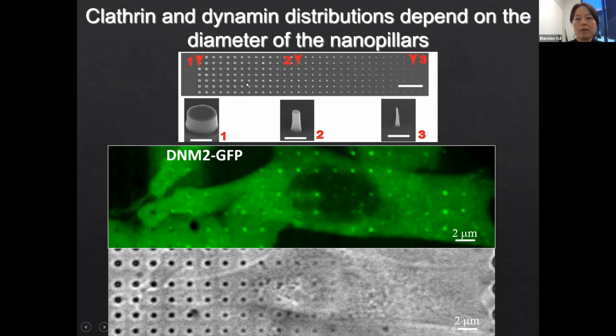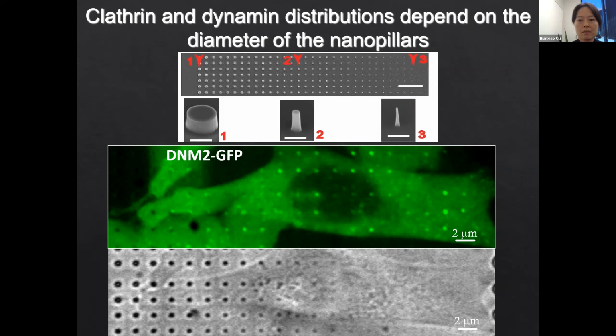This array has big pillars of about 1 micrometer, or 1000 nanometer, diameter, and smaller ones of less than 100 nanometer diameter, with the same height and same spacing, so a range of diameters is covered by the same cell. We also used live cell imaging instead of fixed cells. The cells are transfected and expressing a Dynamin GFP construct, and we took live cell imaging and averaged the images.